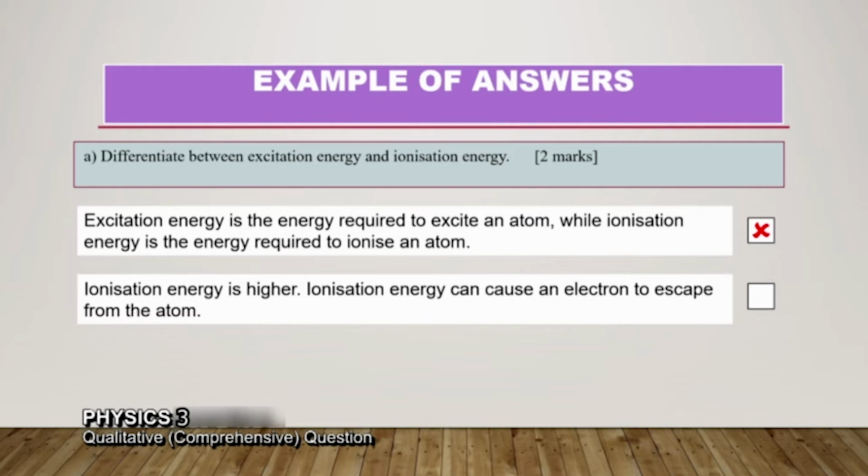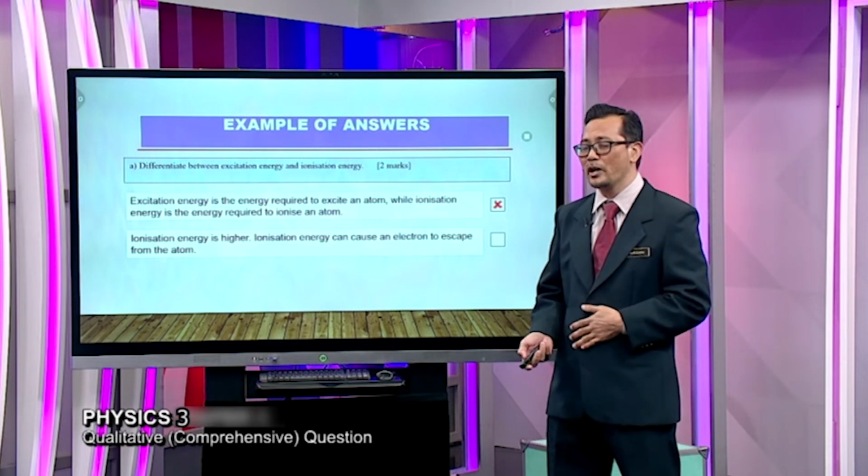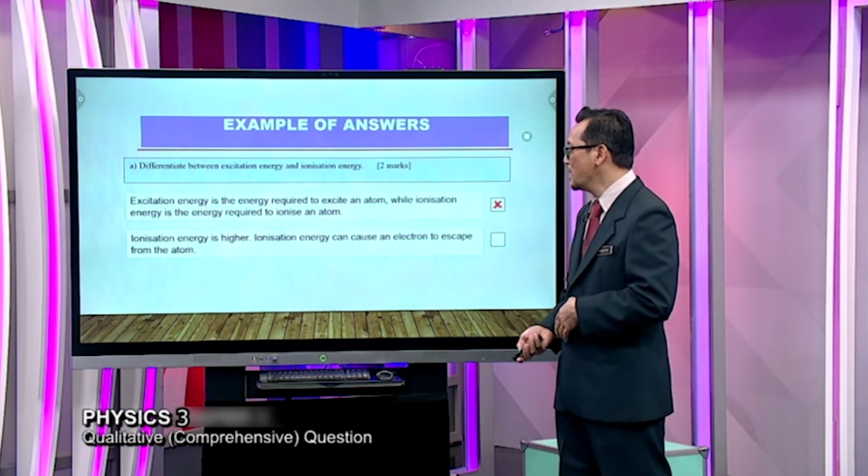Let's look at the second type of answer: ionization energy is higher. Ionization energy can cause an electron to escape from the atom. Look carefully, in this answer the candidate does not answer the question. It does not meet the requirement of the question.